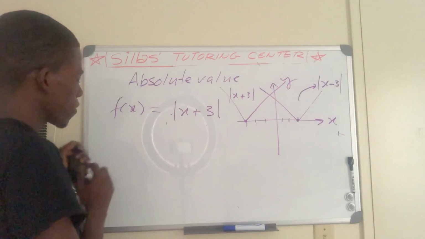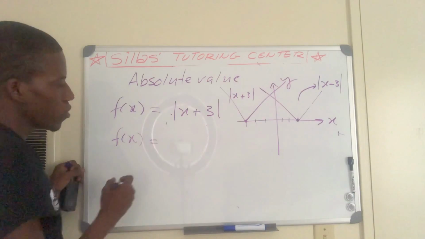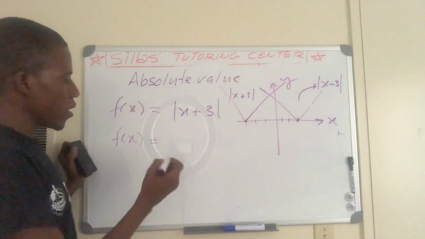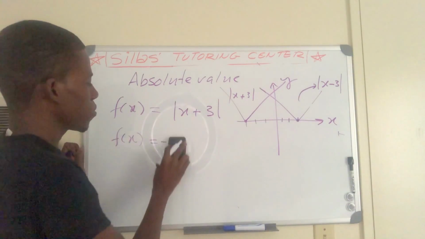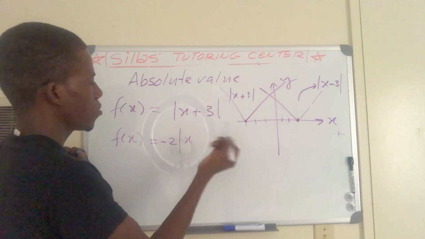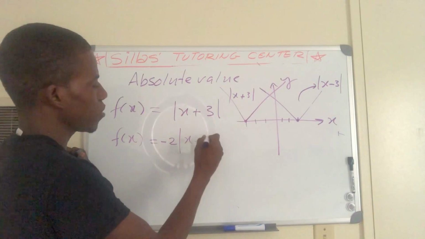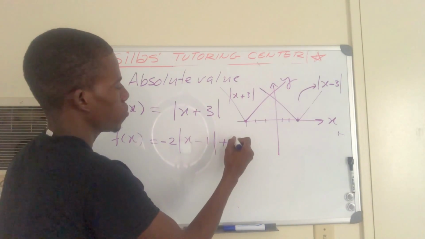Okay, let's say for example, I'm going to do a few more so you can get an idea of what's going on. So if I have like -2 absolute value of x, whatever, I can put any number, -1 plus 1.